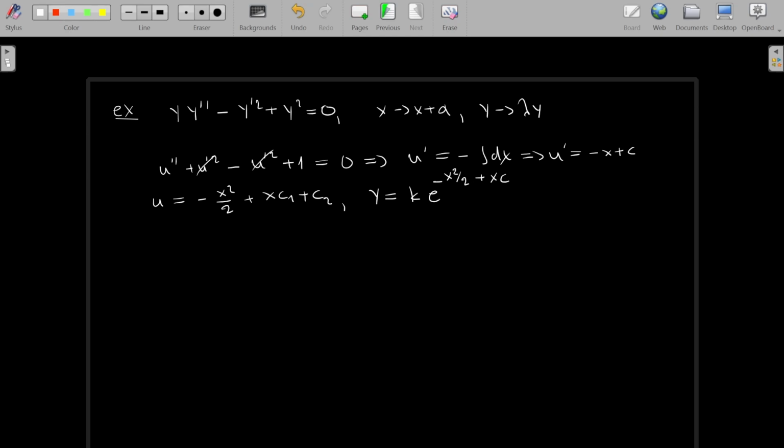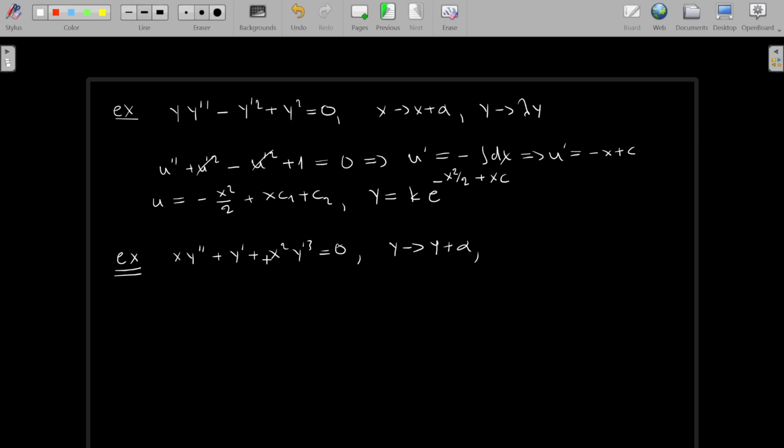So, another example. x y prime prime plus y prime plus x squared y prime to the third is equal to 0. This exhibits a shifting symmetry of y. Why? Because there is no explicit presence of y itself.